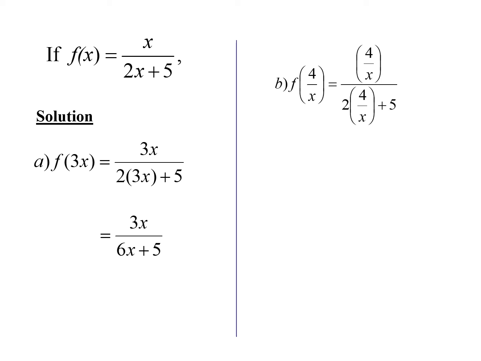We change x to 4 over x. And then we simplify, we get (4/x) over (8 plus 5x)/x. And then finally we simplify by cancelling x, and we get 4 over 8 plus 5x. So this is f(4/x).